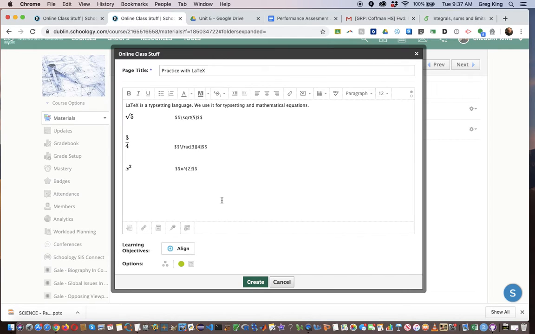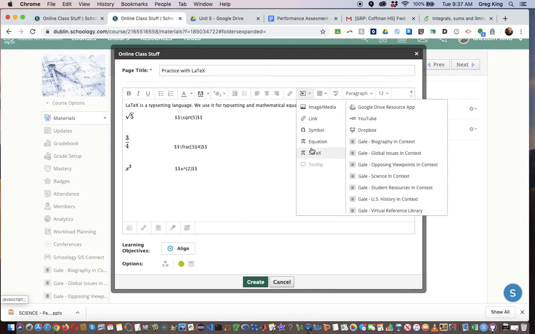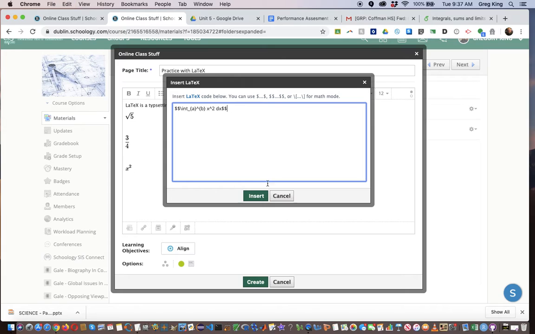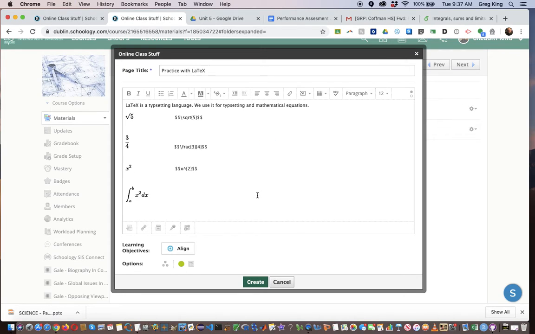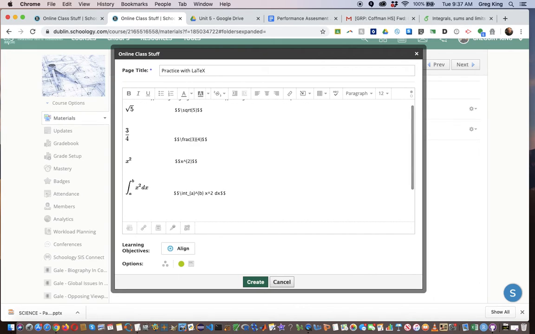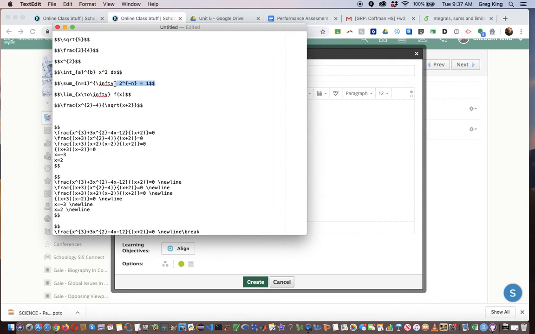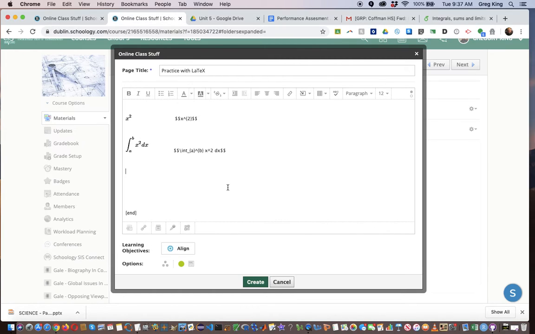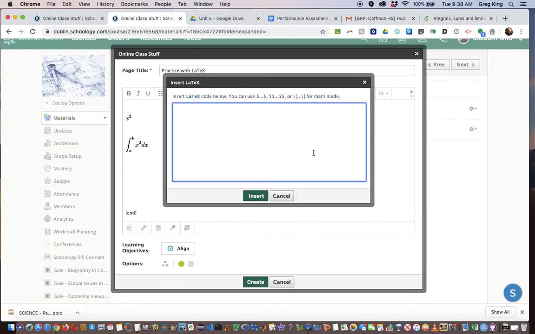Let's try a little bit of calculus here. An integral. That's this LaTeX code. And we can try a sum. That's sigma notation.